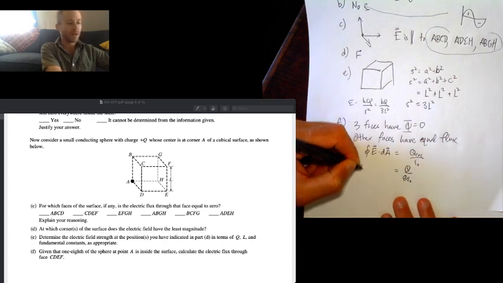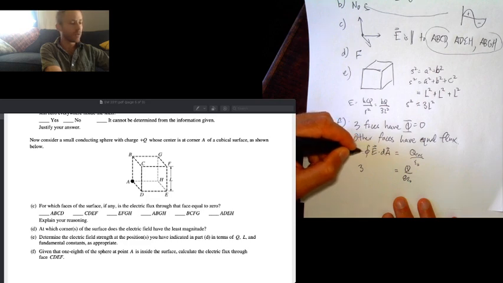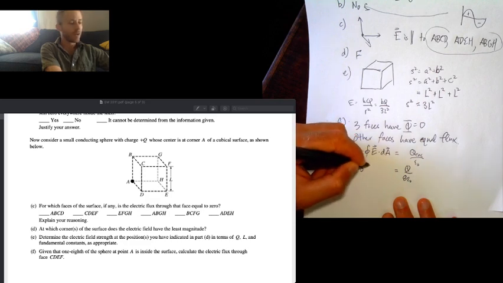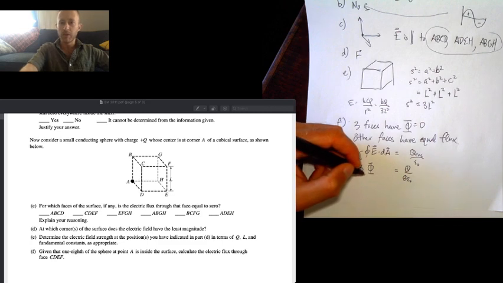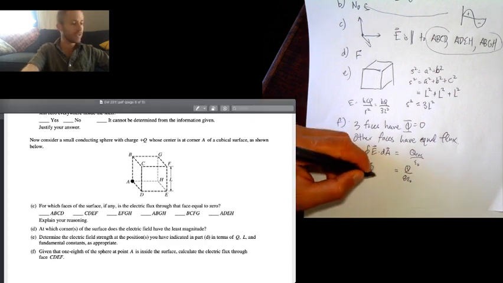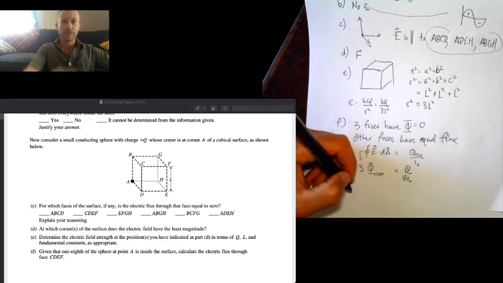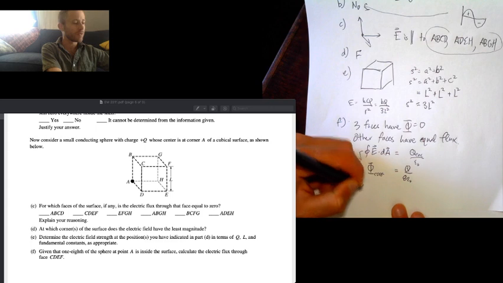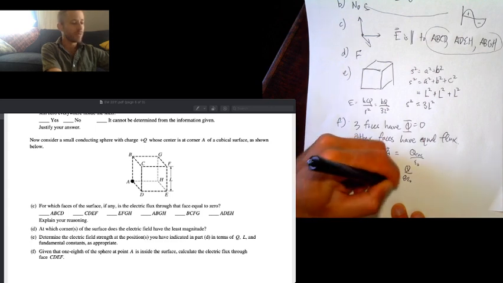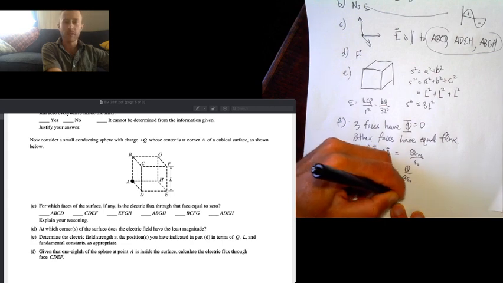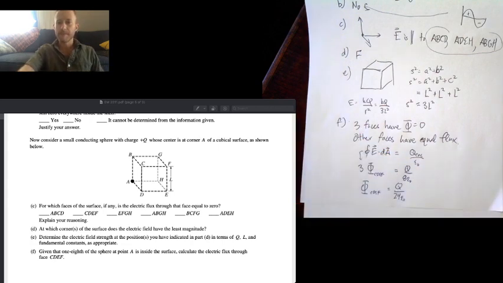So we basically have that this is equal to 3 times the flux through one of the 3 faces that is getting flux. So that would be CDEF, for example. And so that would tell us that the flux through CDEF is Q over 24 epsilon naught. All right.